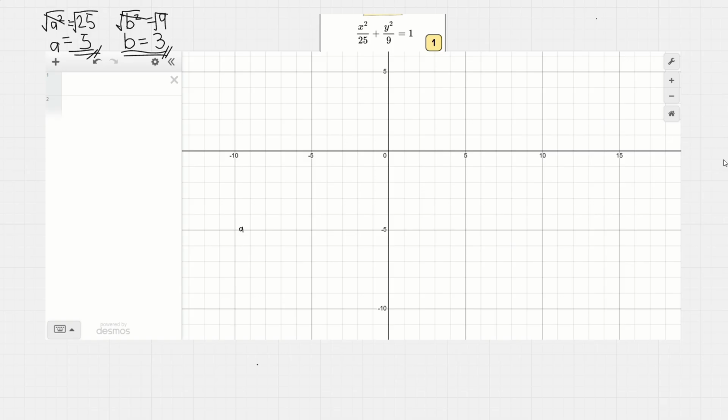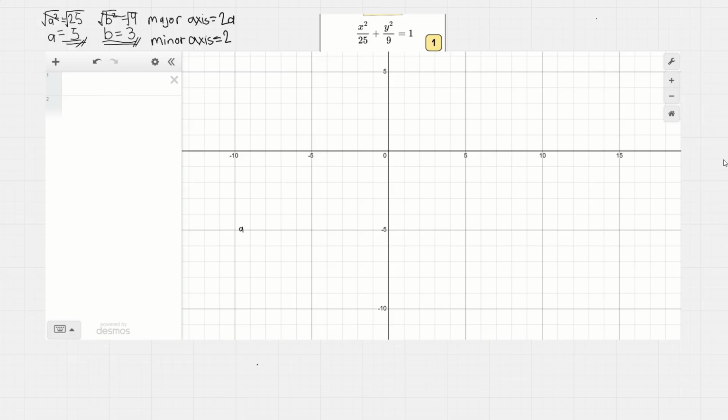Now, by having the a value and b value, we can get our major axis and minor axis. How are we going to get the major axis and minor axis? The major axis, if you remember, is 2a, and our minor axis is always 2b.